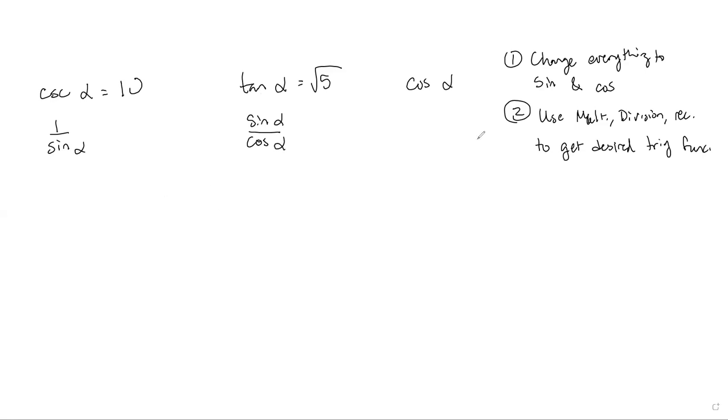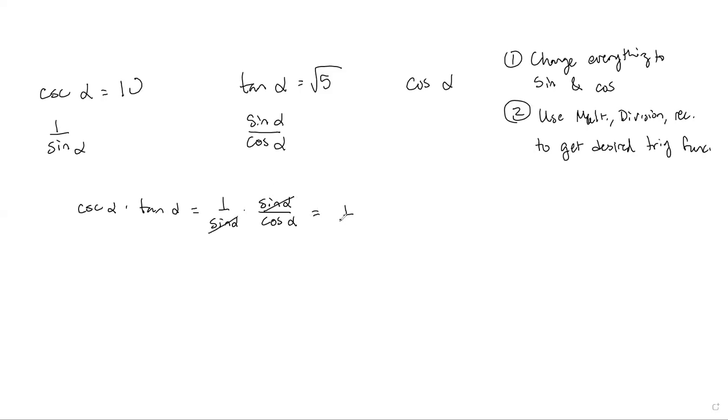All right. And now we're going to multiply, divide, reciprocal, etc. So let's try multiplication first. What will happen if we multiply cosecant of alpha times tangent of alpha? That's going to be the same as 1 over sine alpha times sine alpha over cosine alpha. Look at that. Boom, boom.